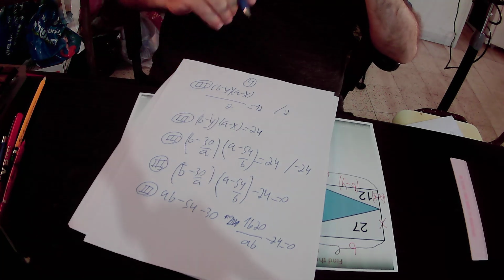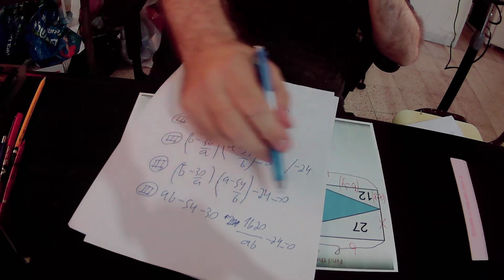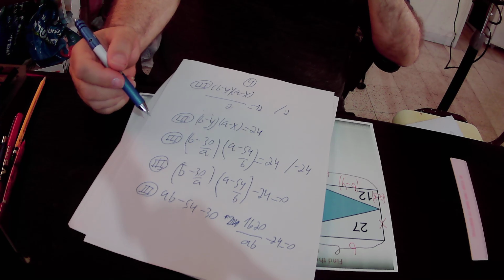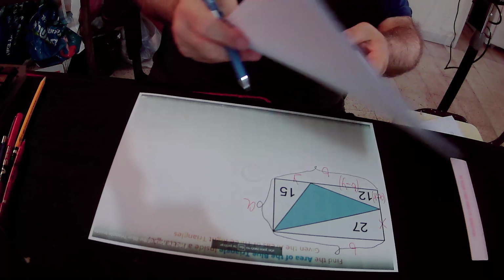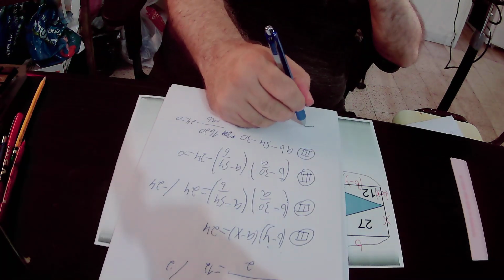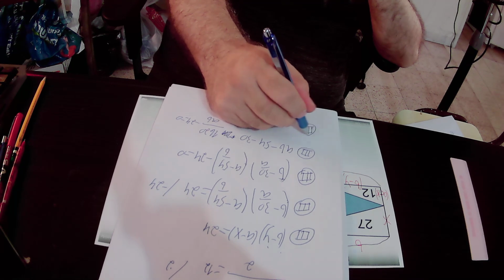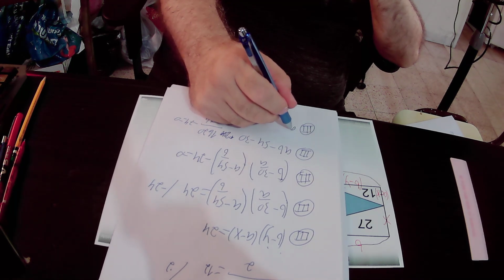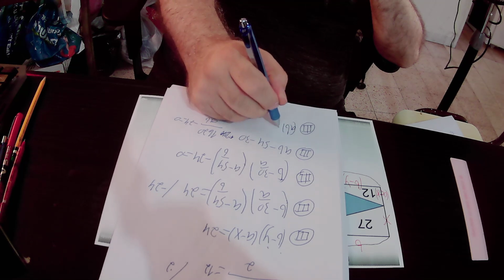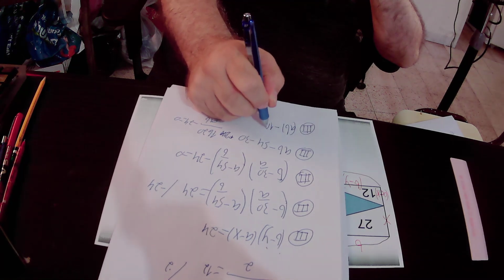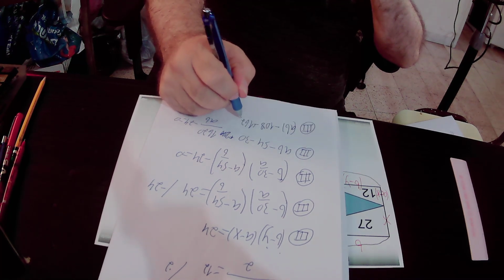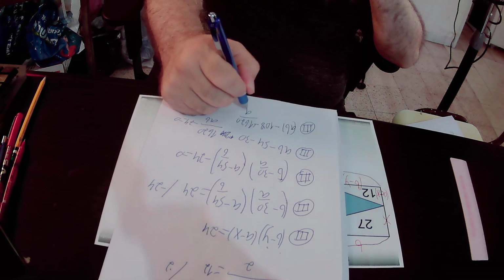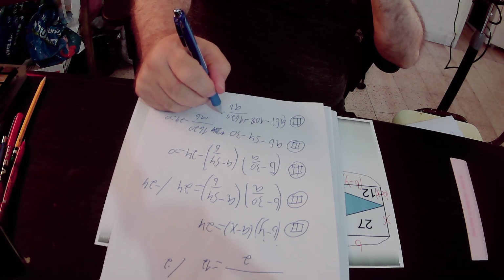Now we have minus 54, minus 30 and minus 24, which equals negative 108, so we will write it down: AB, negative 108, plus 1620 over AB equals 0.